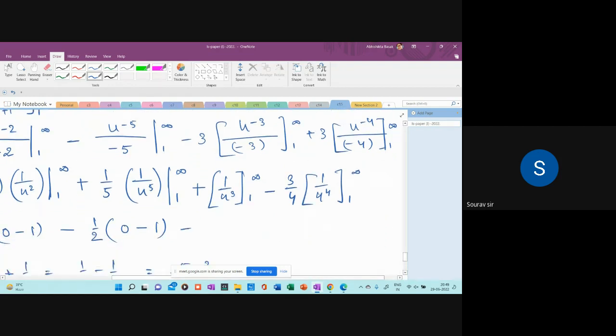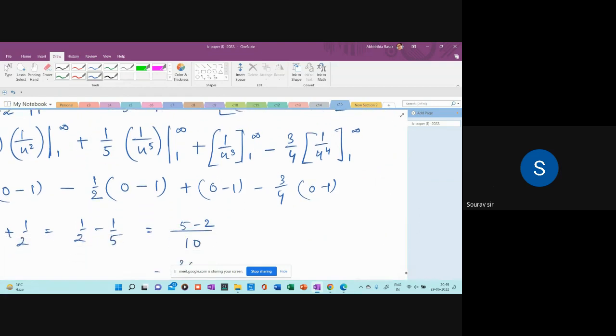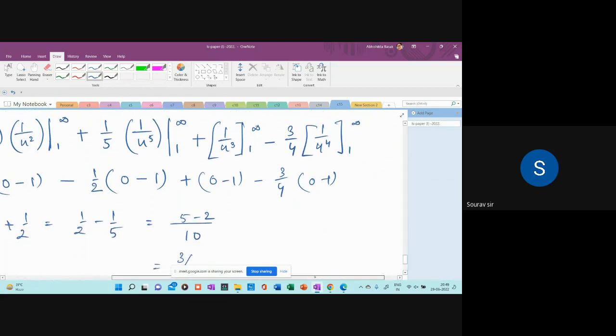So write this, plus 1 by infinity is 0, minus 1, minus 3 by 4 is 0, minus 1. So that is going to give me, so we can change it from over here.